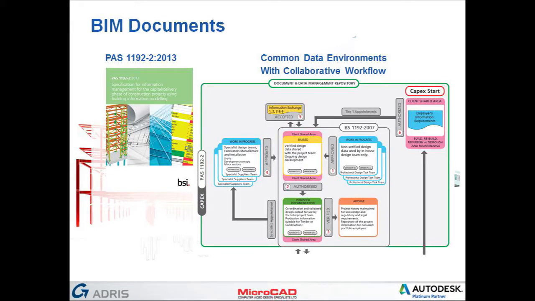The British standards that's been updated now, the new PAS documents, the PAS 1192-2 is probably the design one and based mostly for what we're talking about here, is using that same system. So obviously you can see in the middle of that slide there is that same BS 1192-2007 4-step system.